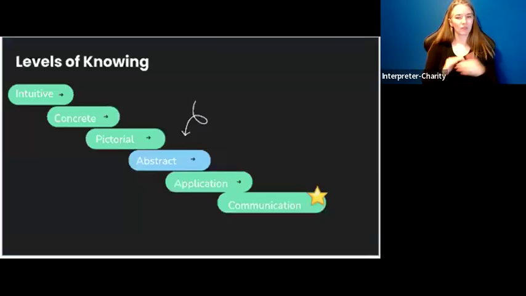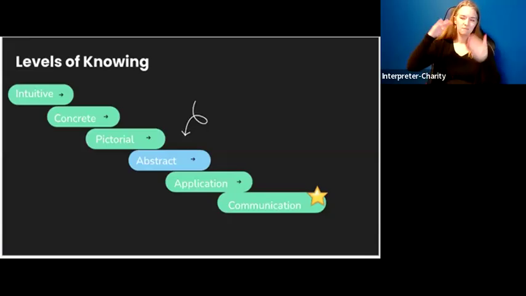The levels of knowing go in this order. The first one he calls intuitive. The intuitive stage is where students are entering, it's kind of like a low floor, high ceiling level, where students are entering with something that's intrinsically doable, solvable.